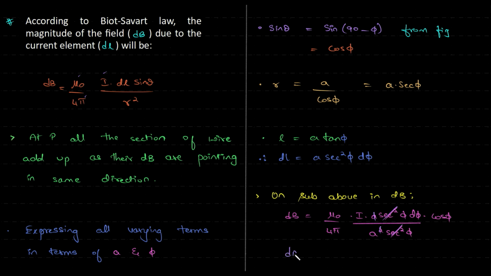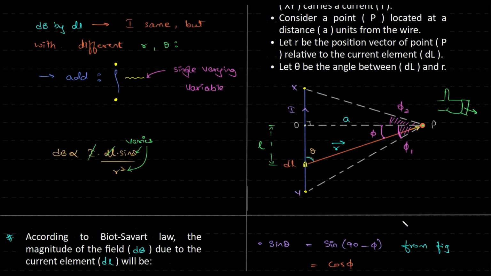Let me express dB, which is equal to this set of constants. Current, in this case, will be fixed. We'll be left with cos phi d phi divided by A. And now we have to look into limits. So what is the varying variable over here? Phi, right? Phi is varying.